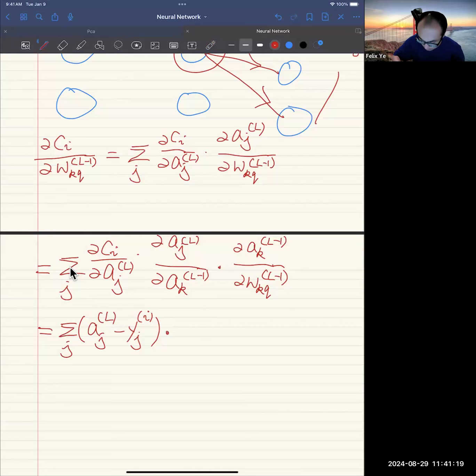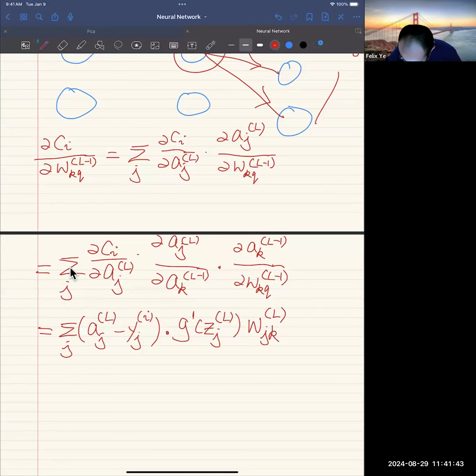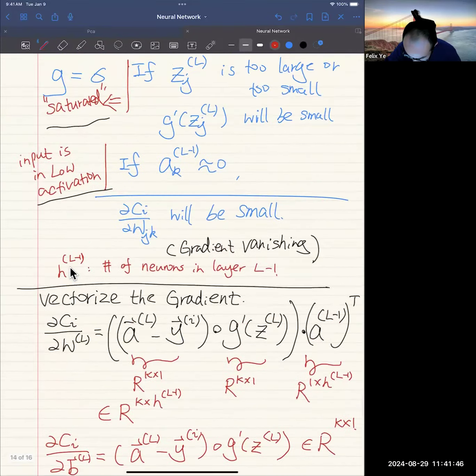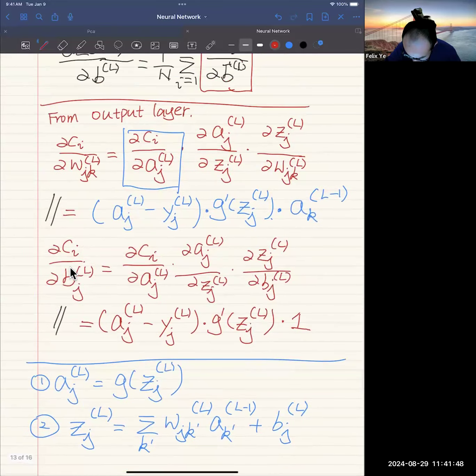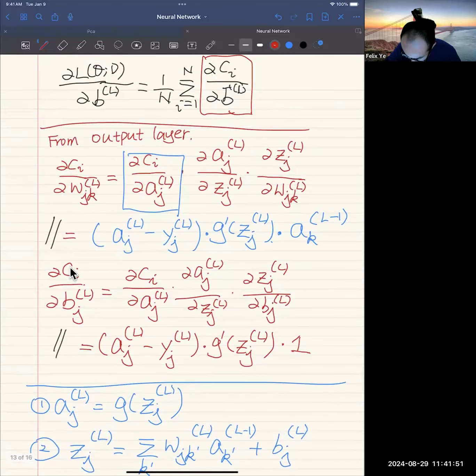This is nothing but g prime of Z_K times delta_J^L and W_JK^L. So this is basically the same term that we have used right here, but the difference is we're going to change this to partial A_K^(L-1).